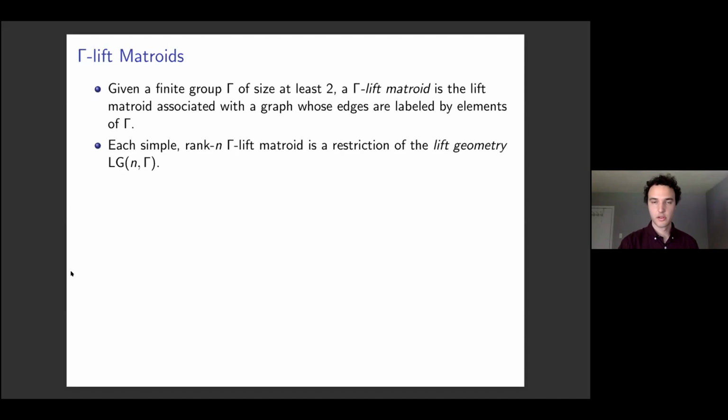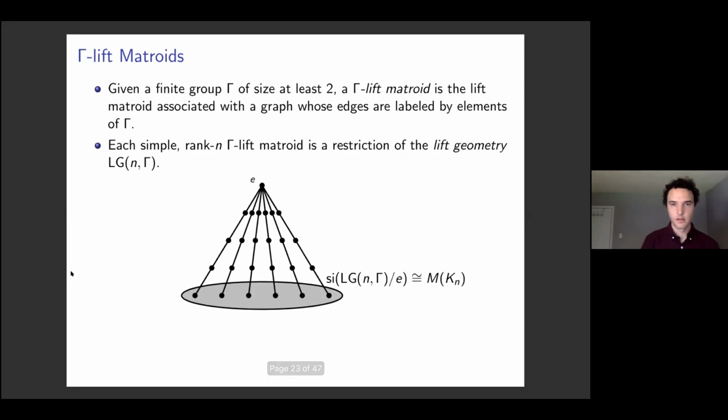Okay, so here's what these matroids look like. They have an element E, so that if you contract E and simplify, you end up with the cycle matroid of the clique K sub n. Okay, so these matroids are one contraction away from a clique.